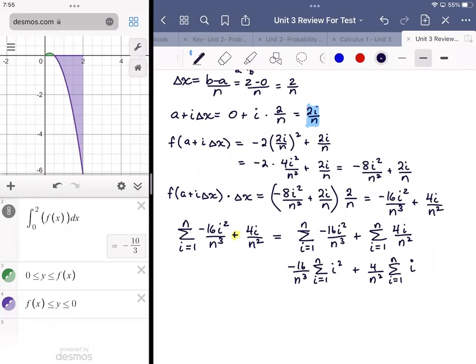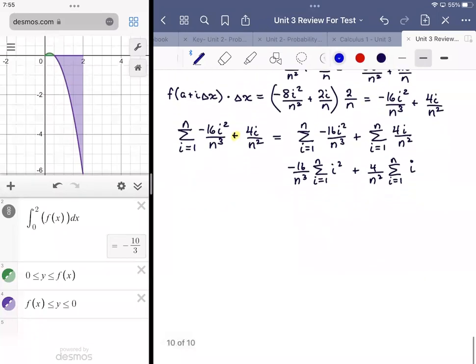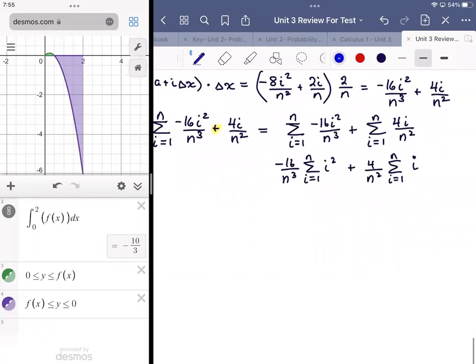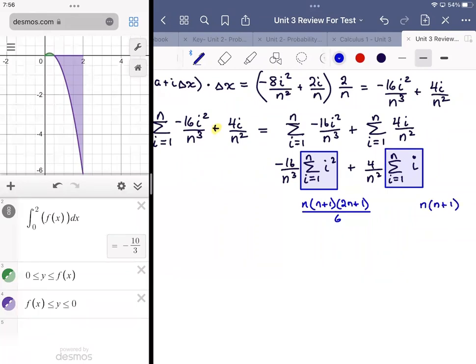Now, these are two rules that you need to be mindful of. Not the easiest things in the world to remember, so definitely keep that page handy. But you've got n times n plus 1 times 2n plus 1 over 6, and then n times n plus 1 over 2.